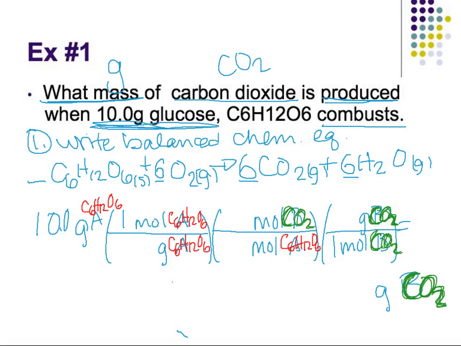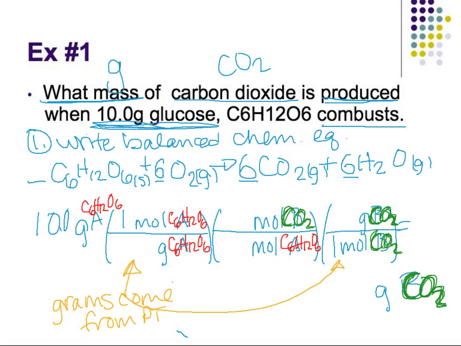All right, so we've got some more numbers to fill in. Grams. Grams always come from the periodic table. So here's some grams, and there's some grams over here. So we find the mass of C6H12O6.